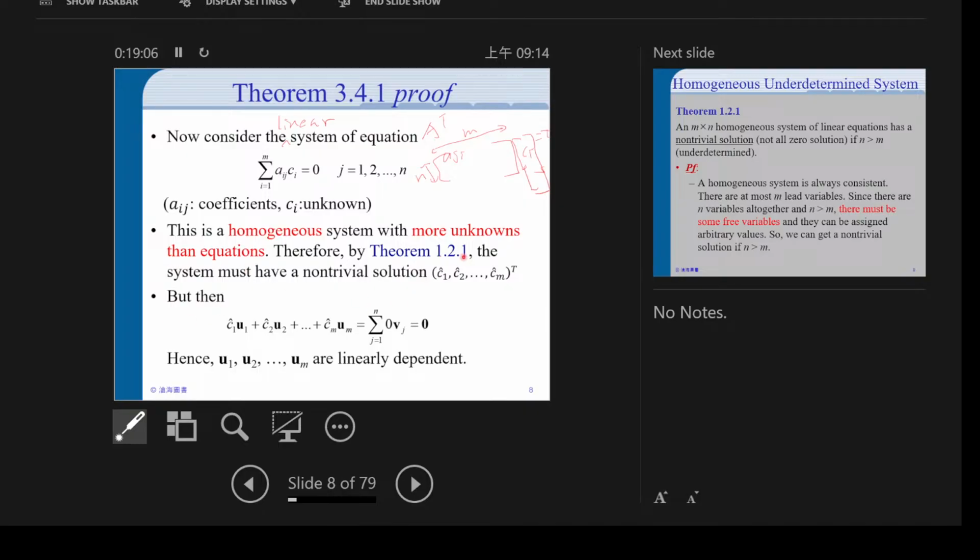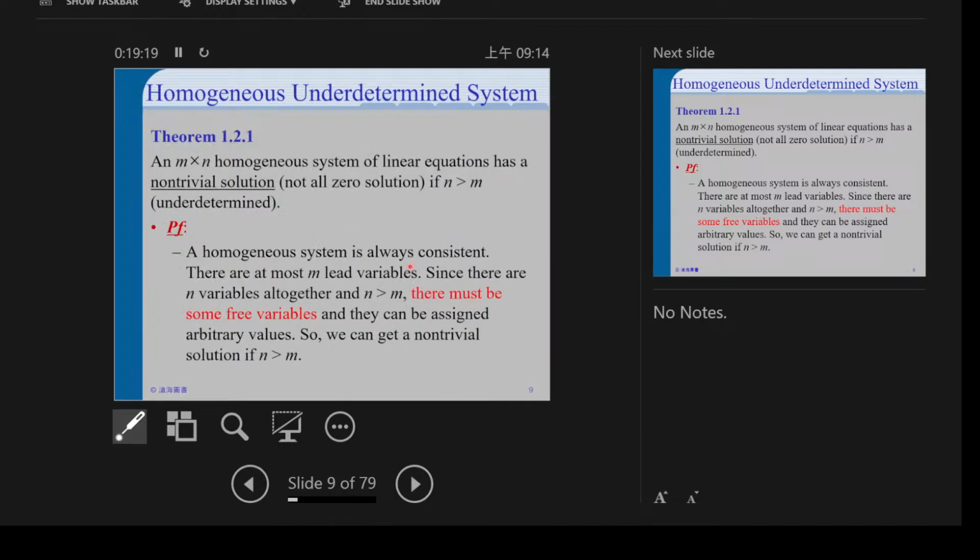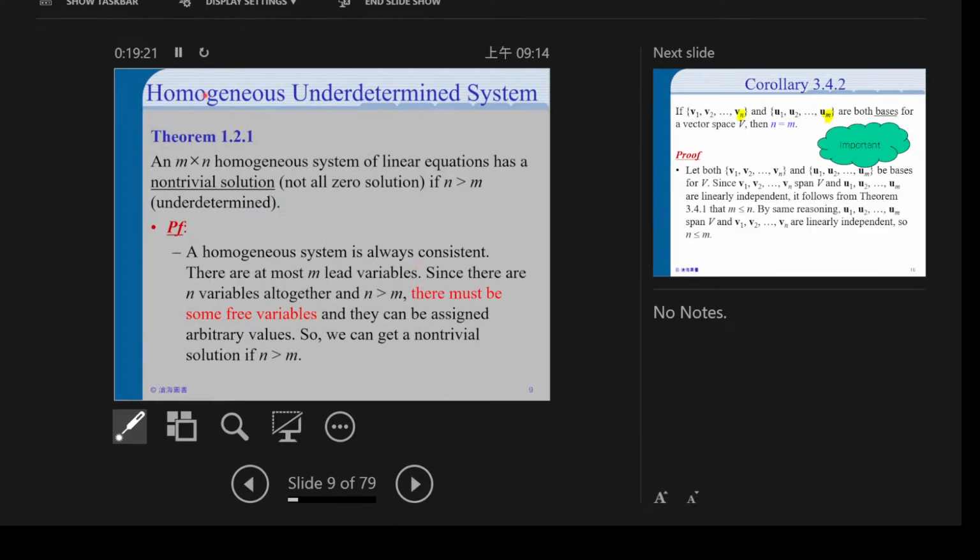By theorem 1.2.1, this system must have a non-trivial solution, a solution that is not all c equal to 0.